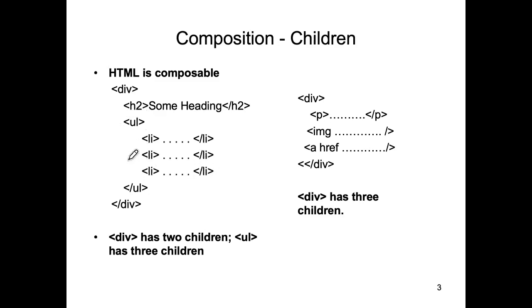Equally, we could use the language that my div element has two children, because this term children is going to be relevant to our React component relationships as well. On the right, just as another example, I have a div element and it's composed of a paragraph and an image and a hyperlink. Or equally, I have a div element and it has three children.